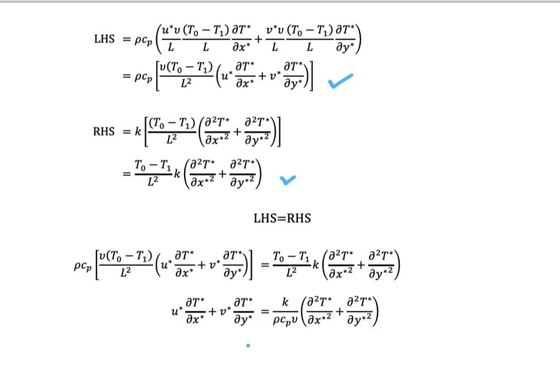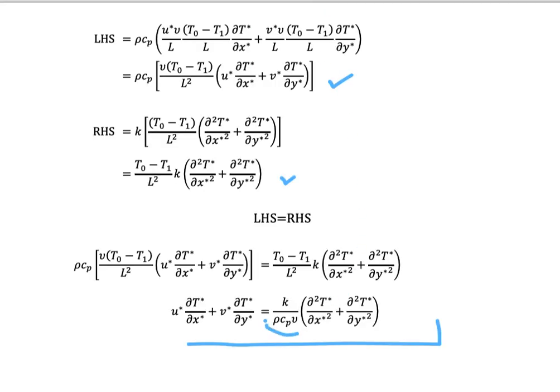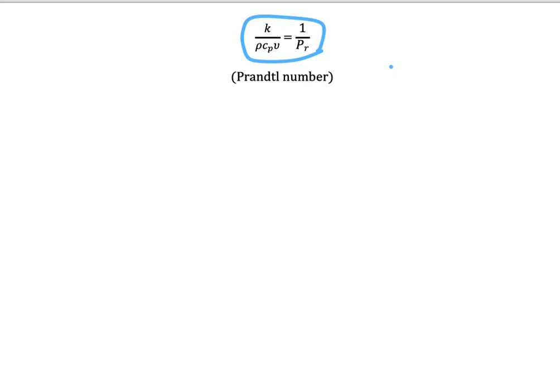Then if we solve that equation, we have these terms, and you find that there is one extra parameter that comes out. This parameter is this term. You can see here, it is k over rho c_p v. So this is the Prandtl number.